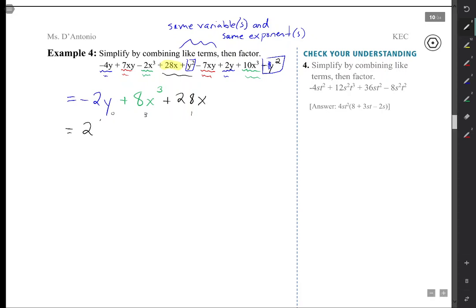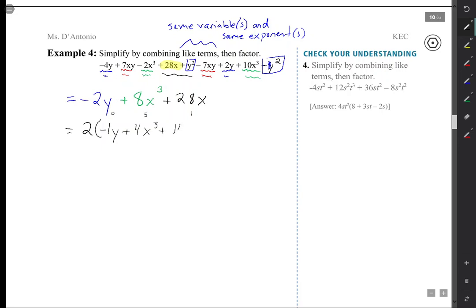So let's open up our brackets here and think. 2 times what gives us negative 2y? Well, that would be like negative 1y. Okay, now 2 times what gives us plus 8x cubed? That would be plus 4x cubed, because 2 times 4 gives us 8, and the x cubed stays in there. And 2 times what gives us 28?